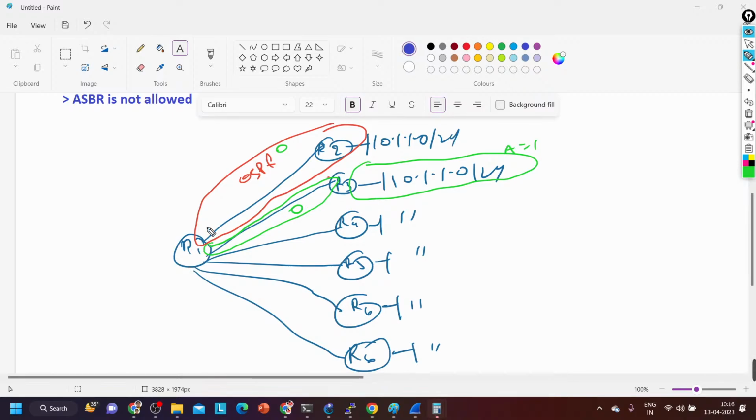So tell me, router will install this network via which router? Via router number 2, because router 1 will receive 10.1.1.0 via router number 2 with O, and via router number 3 it will receive with OIA. Yes or no? Because this is an intra-area prefix. Yes or no?